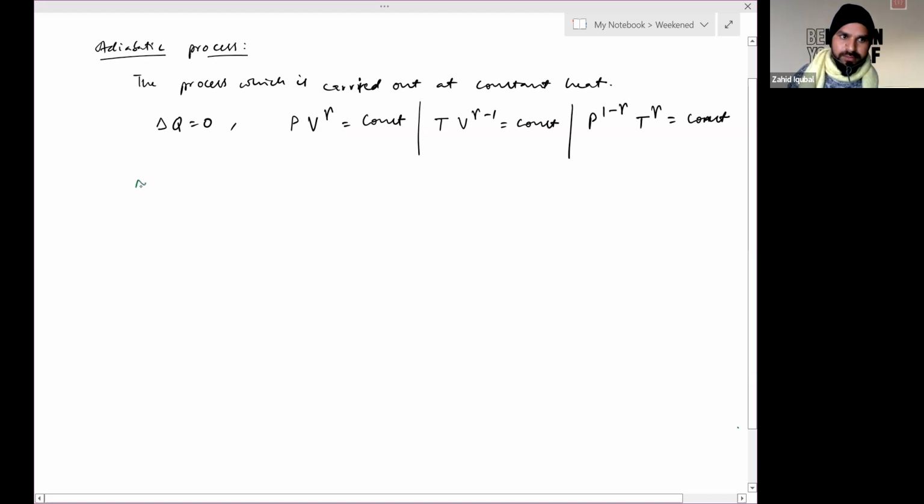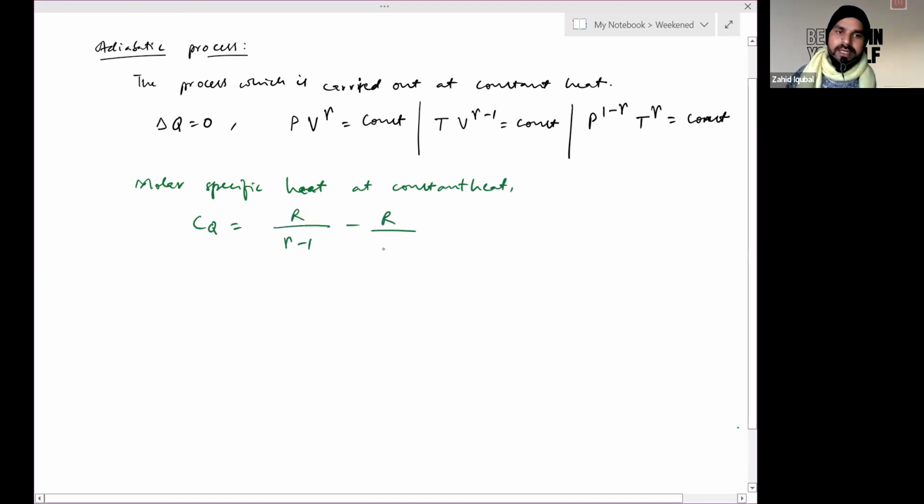So molar specific heat at constant heat, C equals R by gamma minus 1 minus R by X minus 1.